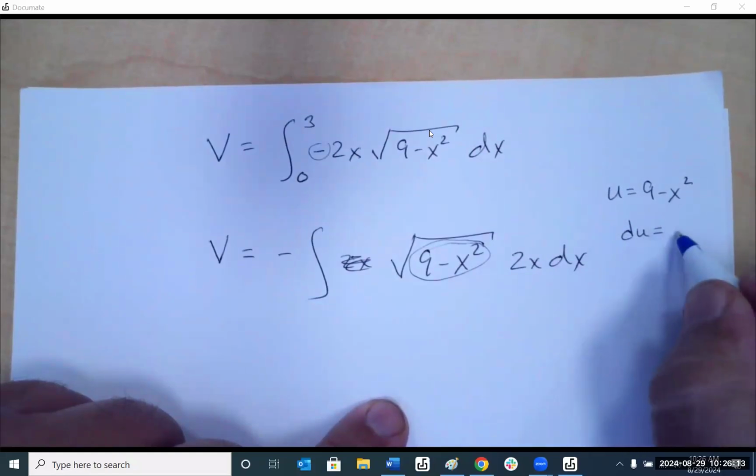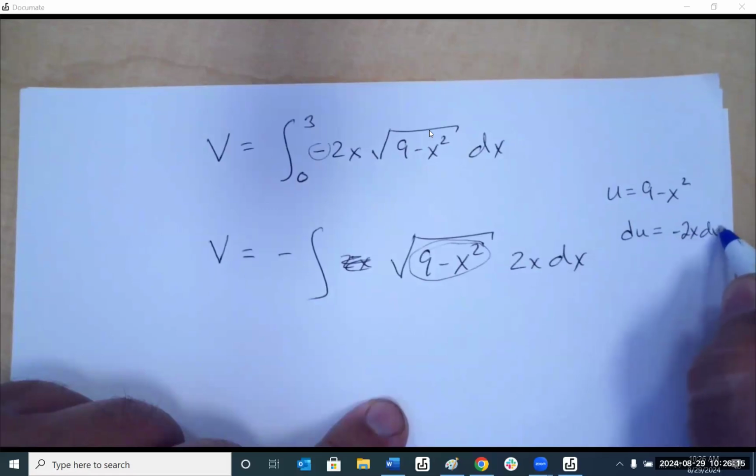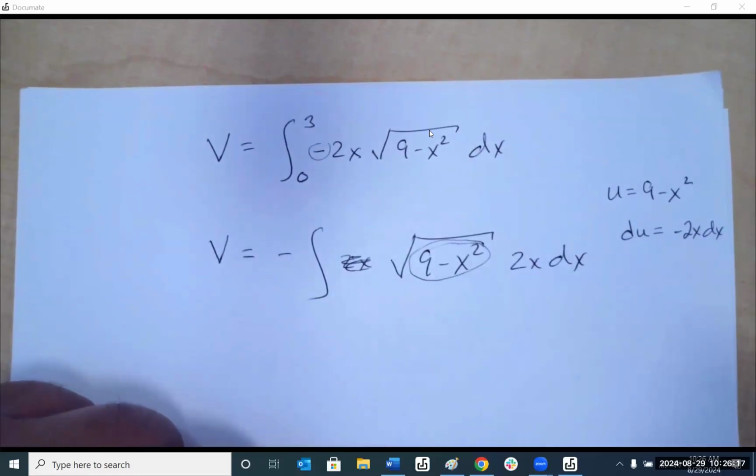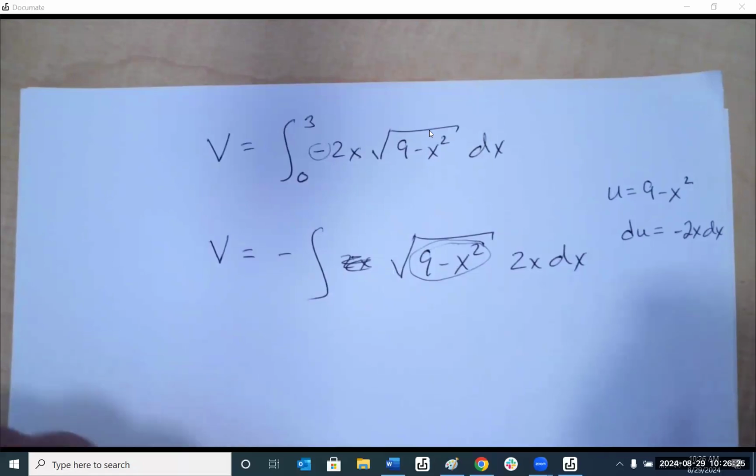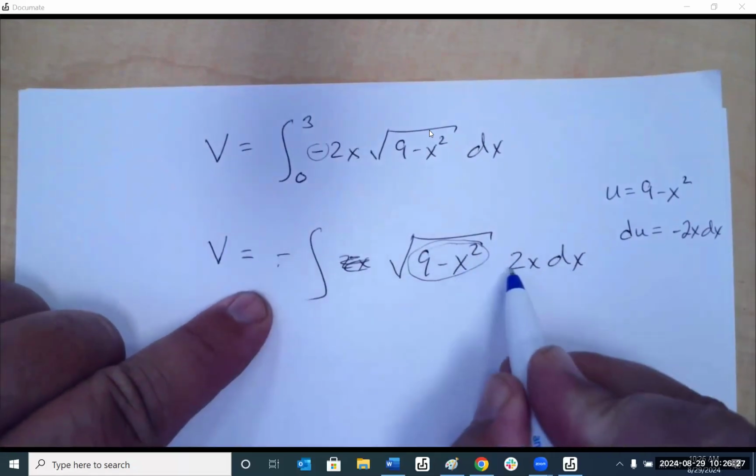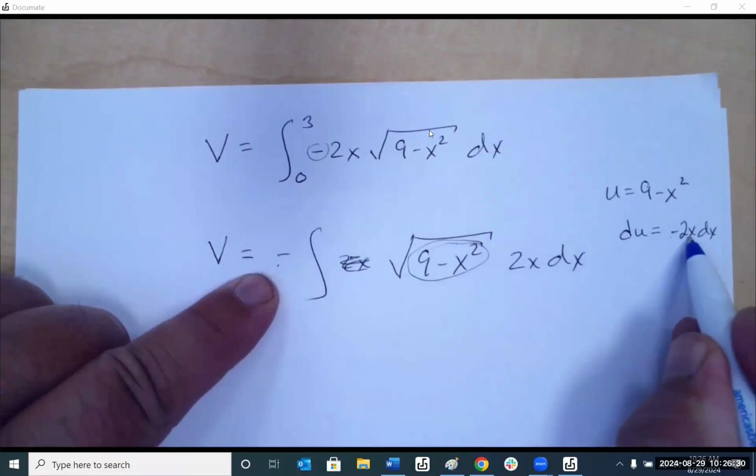du is negative 2x dx. And there's our negative. So we have negative 2x.